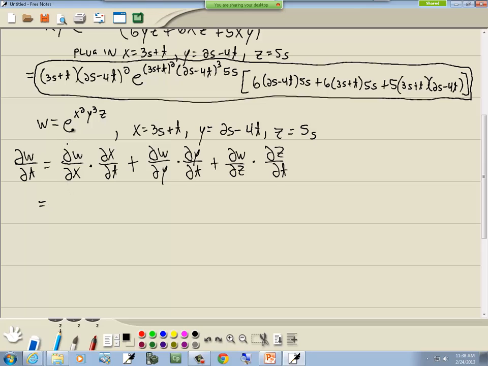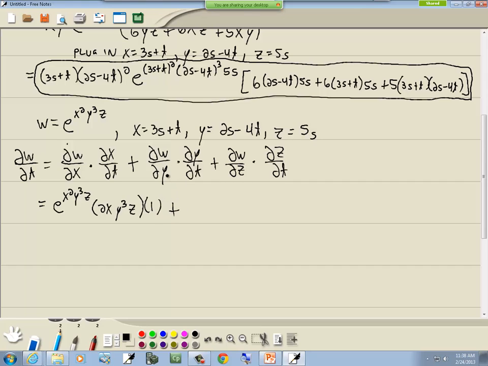Well, the partial of w with respect to x, the derivative of e to the power is e to the power. That doesn't change. Times the derivative of that with respect to x, or partial of that with respect to x. So y to the third and z are constants again, so that gives us 2x y to the third z times the partial of x with respect to t. Well, the 3s is a constant, so it drops away, and derivative of t is 1.